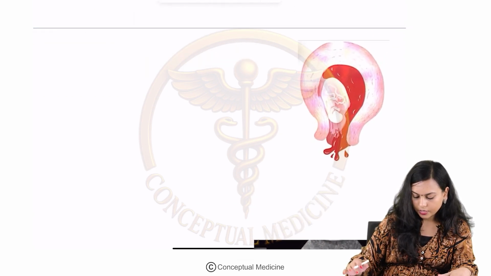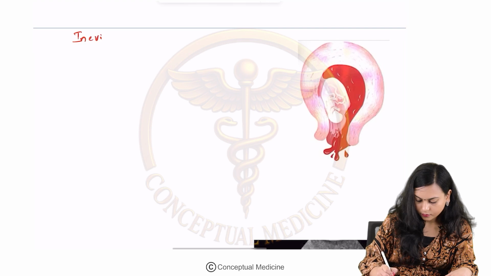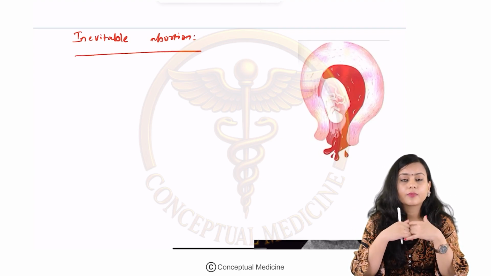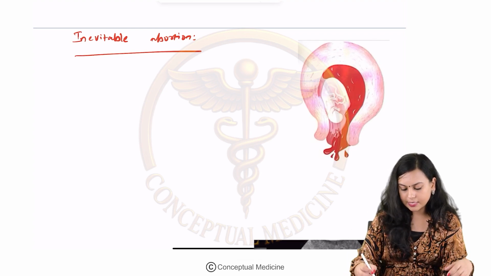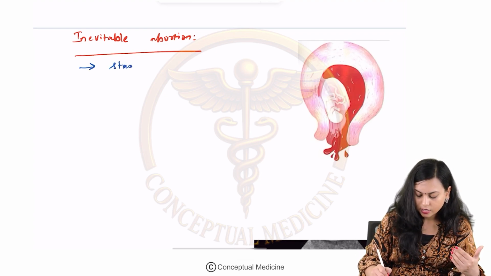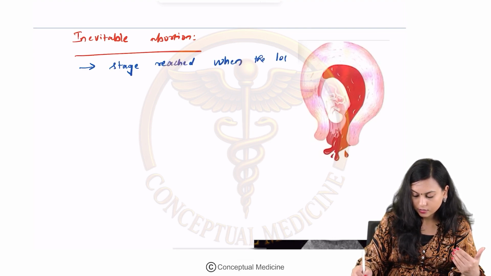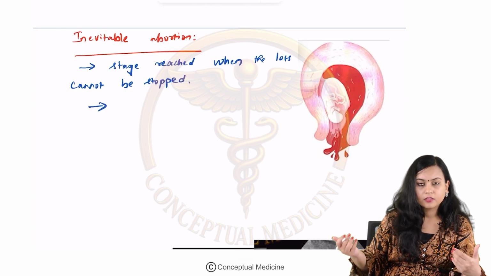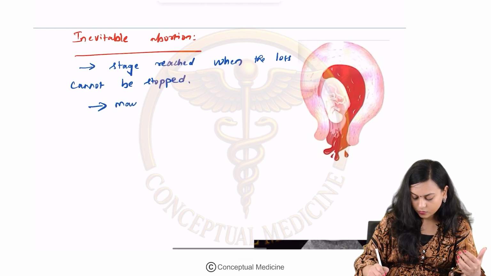Yes, and the next one is the inevitable abortion. Inevitable abortion means there is nothing that can be done to stop the pregnancy from getting lost. Clear? It comes to a stage where the loss cannot be stopped, and this may even proceed to a complete abortion.